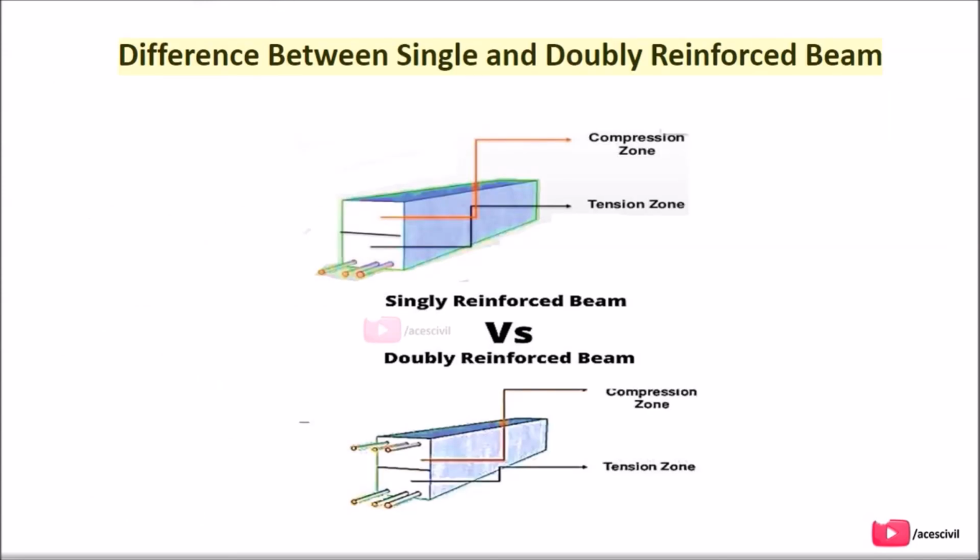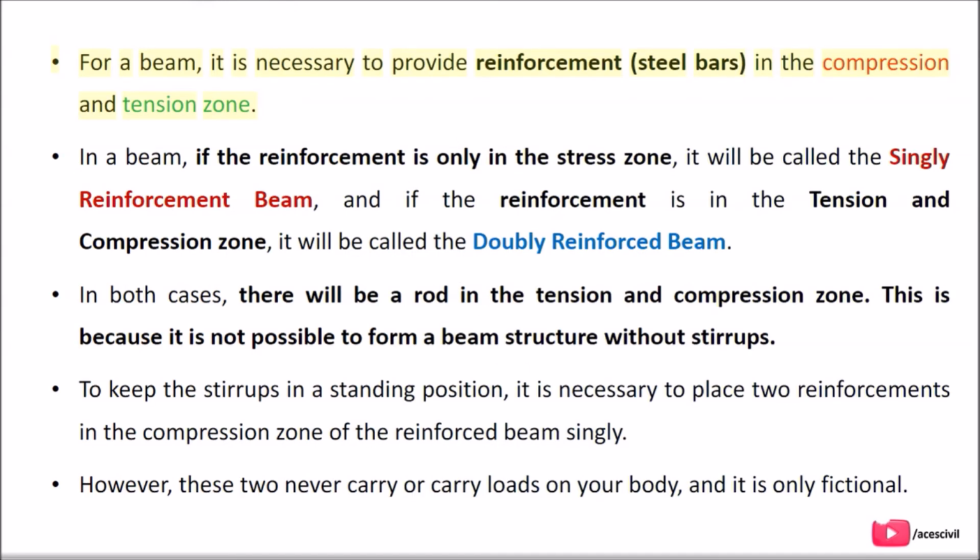Difference between singly and doubly reinforced beam. For a beam, it is necessary to provide reinforcement, steel bars, in the compression and tension zone. In a beam, if the reinforcement is only in the tension zone, it will be called a singly reinforced beam, and if the reinforcement is in the tension and compression zone, it will be called a doubly reinforced beam. In both cases, there will be a rod in the tension and compression zone.